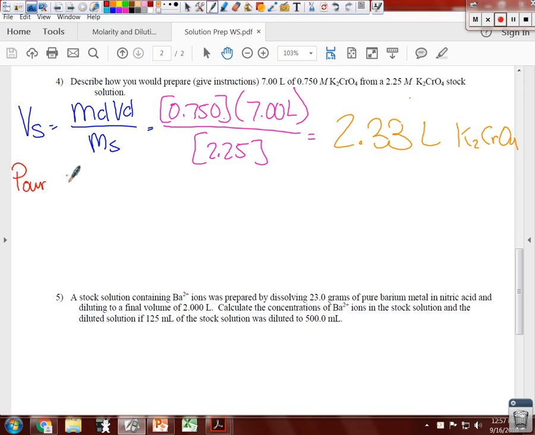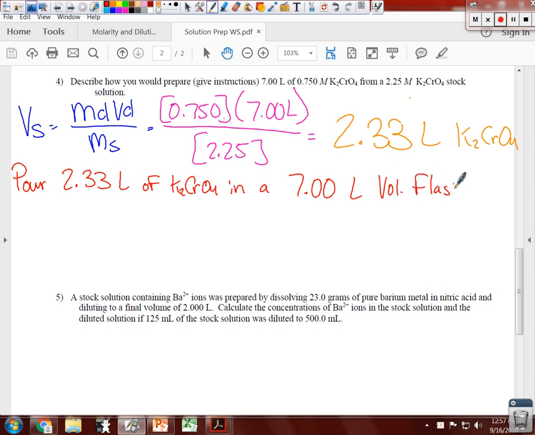So we're going to pour 2.33 liters of K2CrO4 into a what? 7.00 liter flask. Sure. Okay. Sure, I would. Then, what would you do?